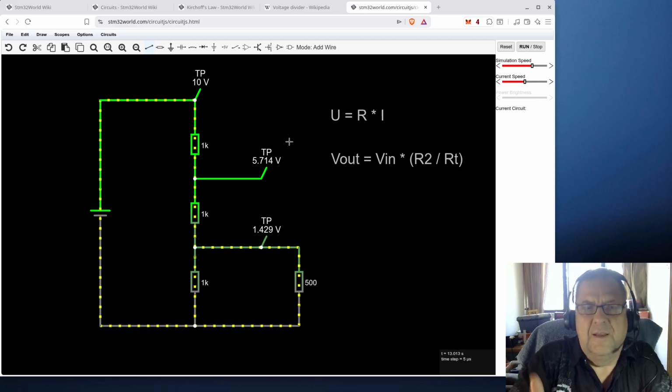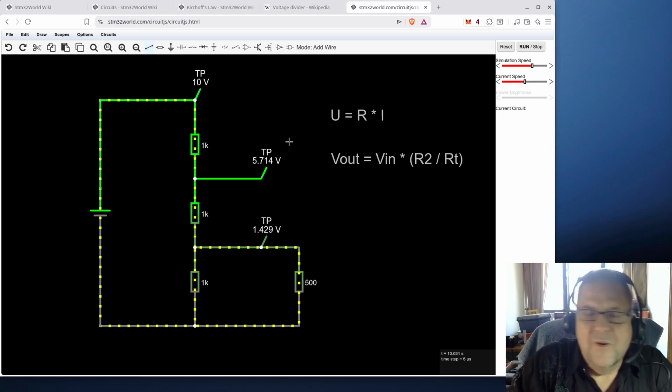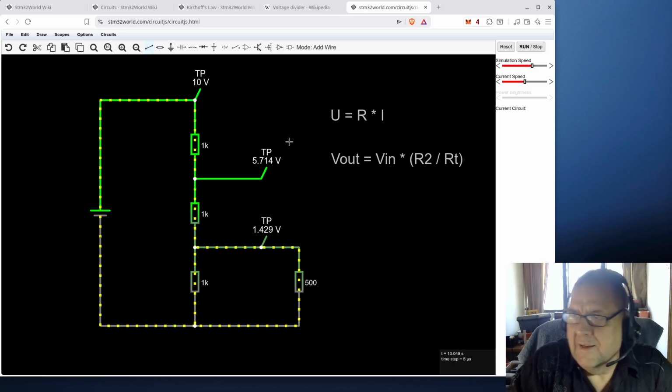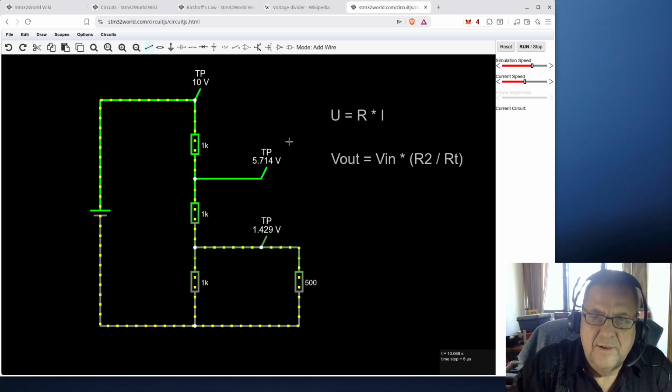So a voltage divider cannot be used to supply a fixed voltage to any device that is anything but a resistor that never changes. So where are voltage dividers actually used?